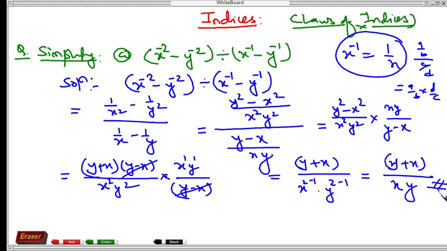This is the answer for this question. Here I have just applied the power rule of indices: 1 power subtracted here, and y to the power 1 is also subtracted here. So we can solve this question in this format. This is the solution.